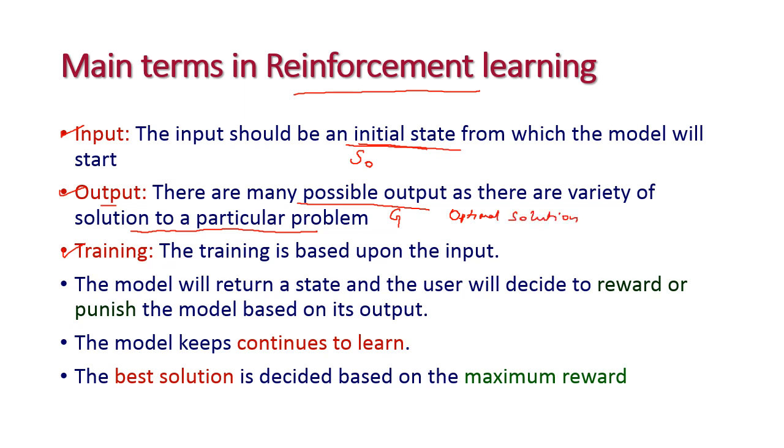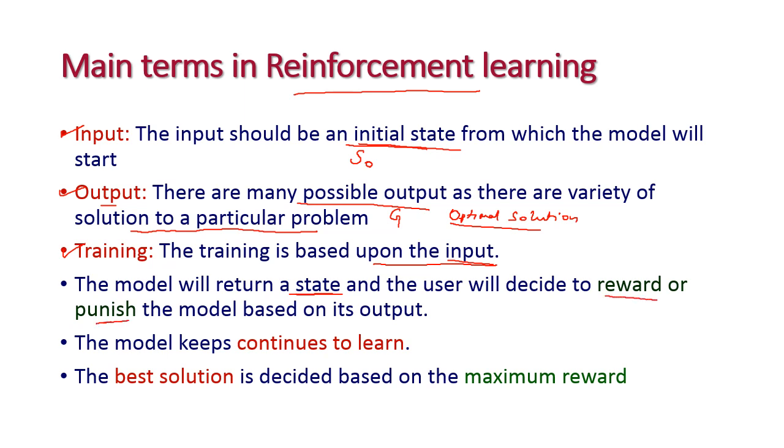We need to select the optimal solution. And the next one is training. Training is based upon the input, and the model will return a state. So if you perform an action, it will return a state and the user will decide to reward or punish.